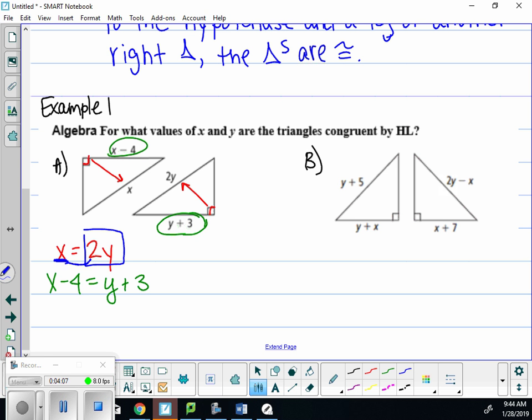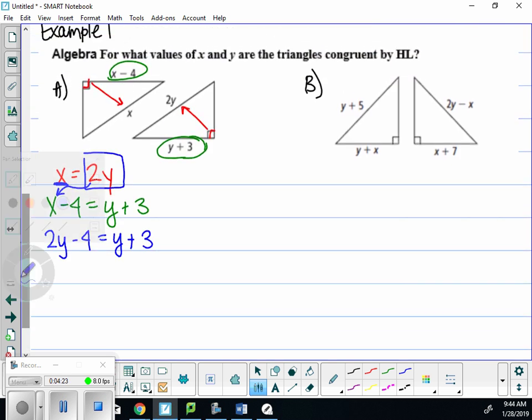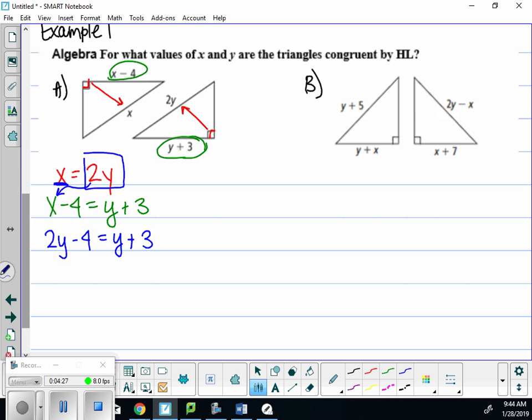So x is by itself, whatever it equals can get substituted in for x in the other equation. So I'd have 2y minus 4 equals y plus 3. I have y's on both sides, right?